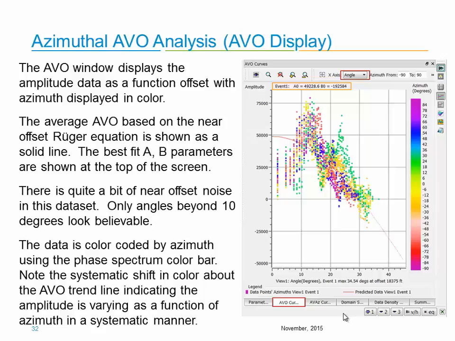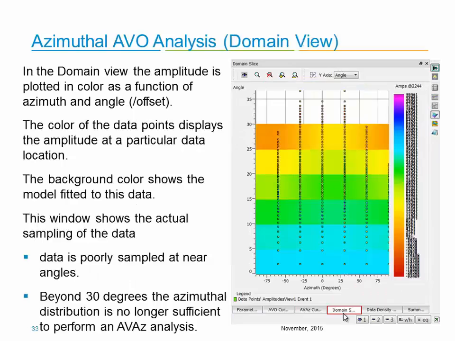And then the actual data points are shown in color as a function of azimuth. And we see that we have a systematic shift around our regional trend here, going from green all the way into the reds and into the pinks. So we're going from about 24 degrees up to about minus 72 degrees. So we have this amplitude versus azimuth around our regional AVO trend here.